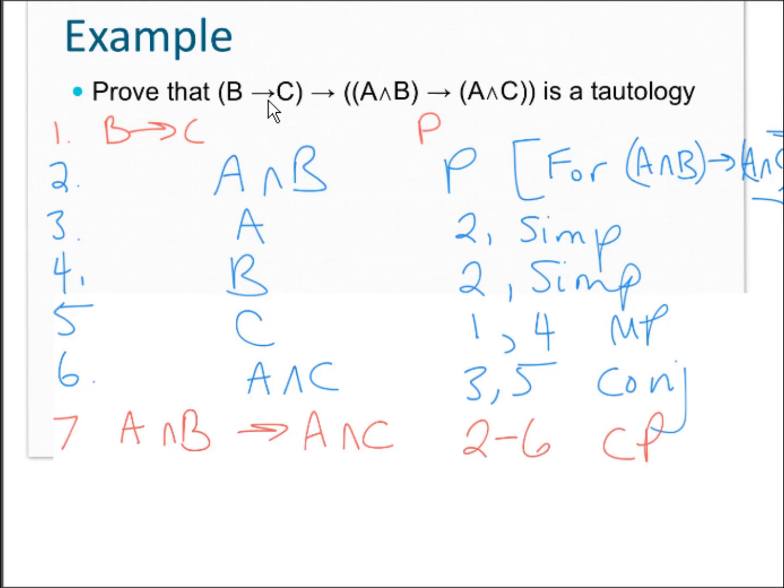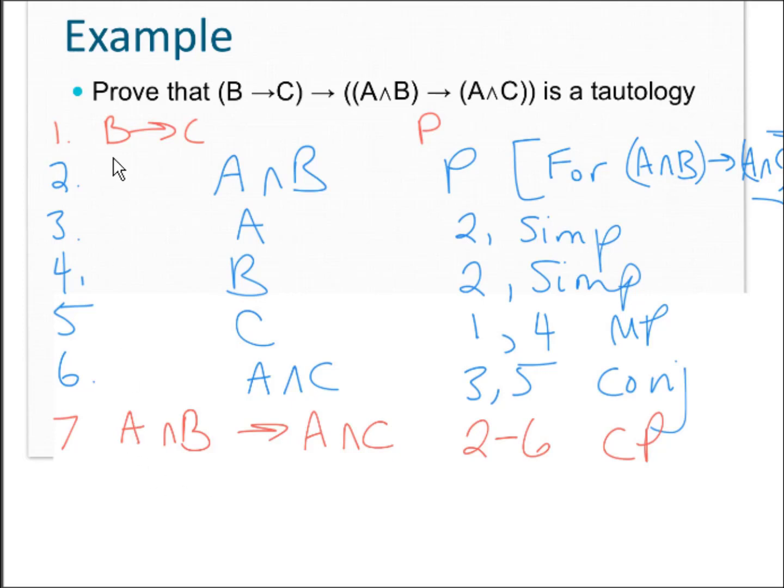We were trying to prove that this B implies C part implies this whole thing. And we got B implies C here. We got the whole thing here. So we know that we can use CP now. The only question is, are we using CP where we write a number here and write CP, or are we actually just going to write the QED?